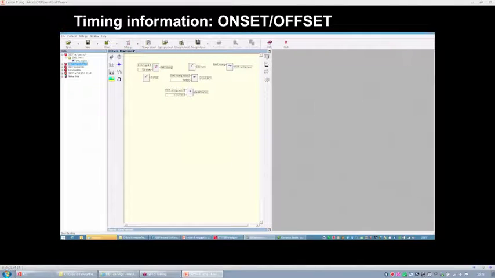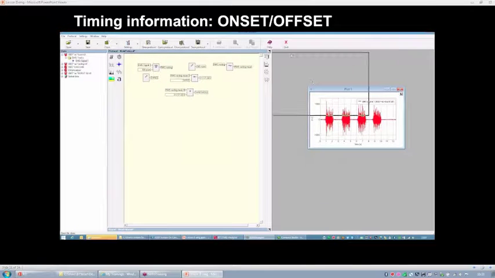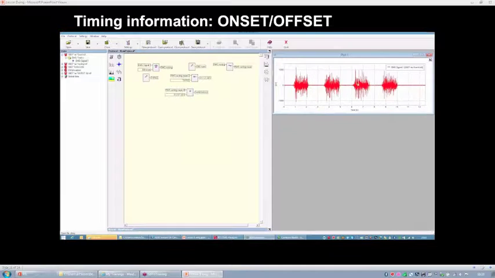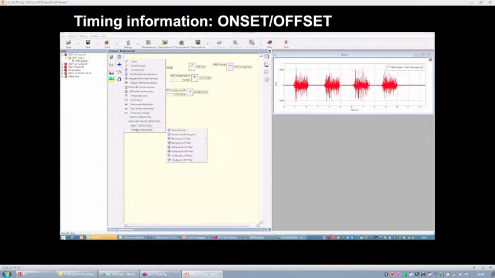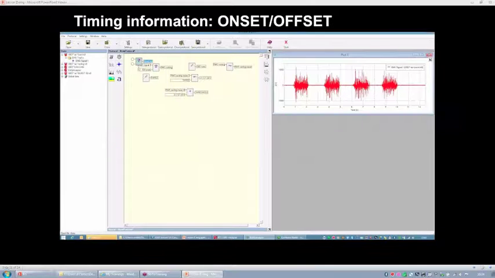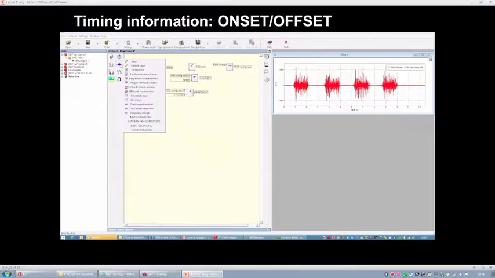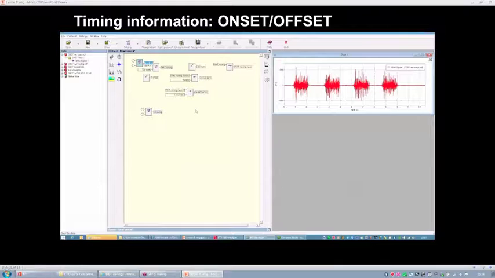Okay, so now we can consider the real activity of the signal, and we are going to define the computation of the onset and offset time. To do that, I have to use the envelope of the signal. I'm going to use a Butterworth filter, for example a low-pass filter.